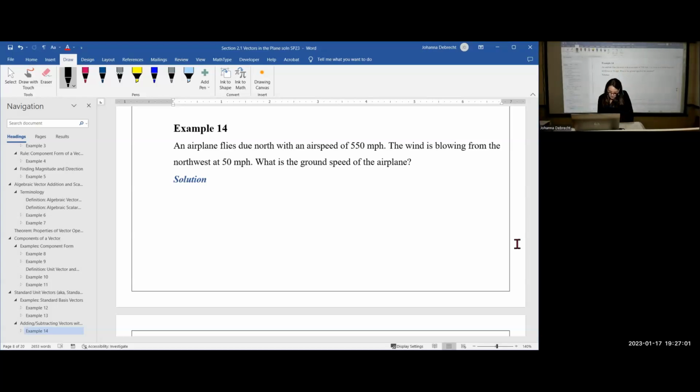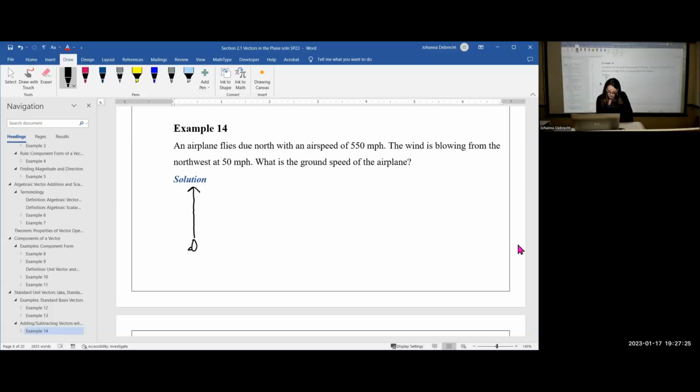Okay, so the first thing I'm going to do is I'm going to draw my all-purpose vehicle right here. Don't laugh, that's my best plane. And the plane is flying due north. And not only that, with an airspeed of 550 miles per hour. Now, the airspeed is the magnitude of the vector.